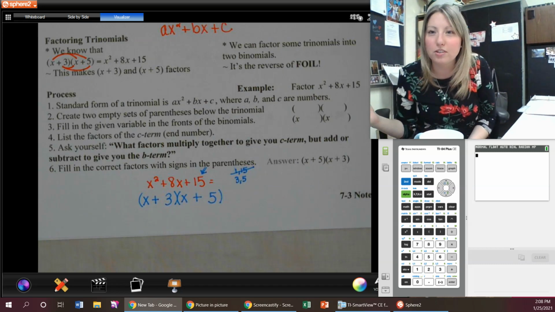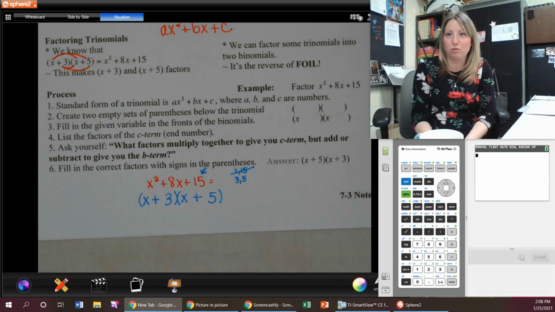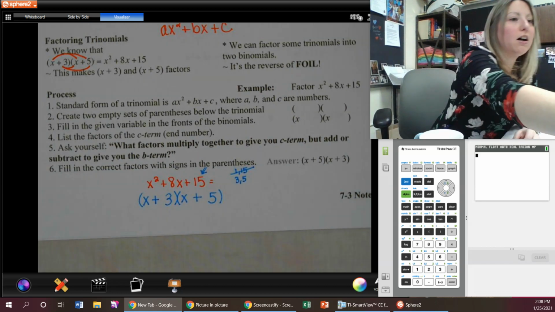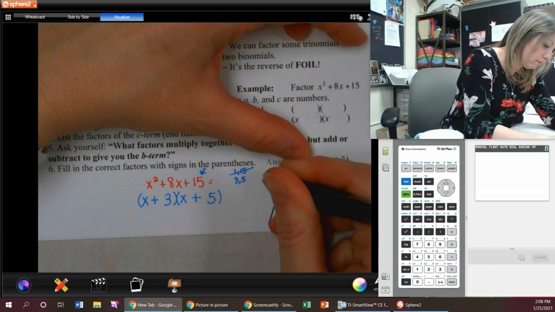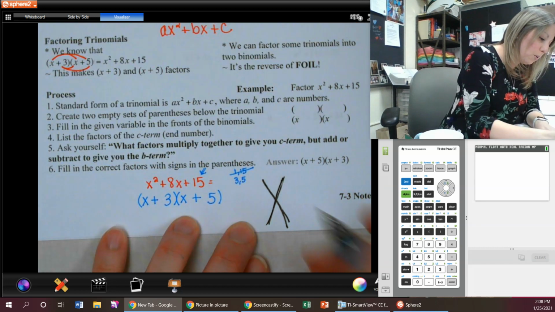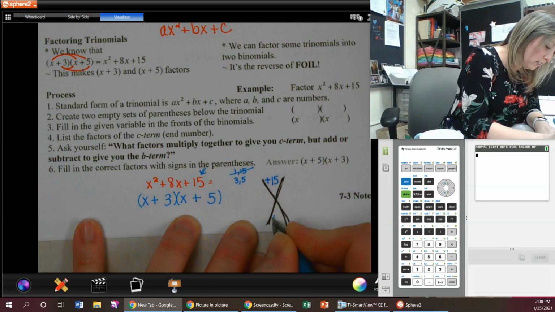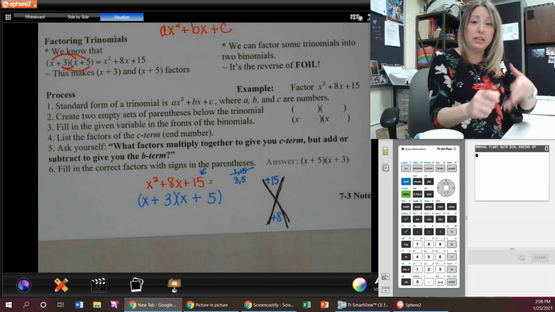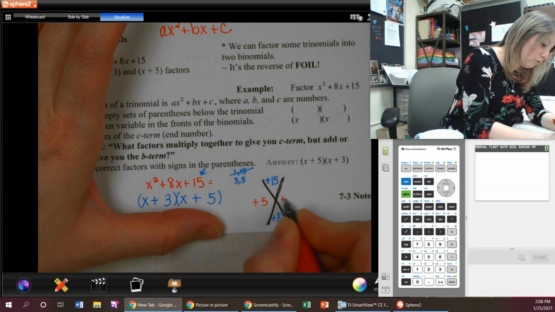Undo the double distribute to go back to my initial two binomials. Above that, the X puzzle would have looked like this. Sorry that my X was sloppy there. We would have had a plus 15 here and a plus 8 here, and filling in, we would have had the plus 5, plus 3.